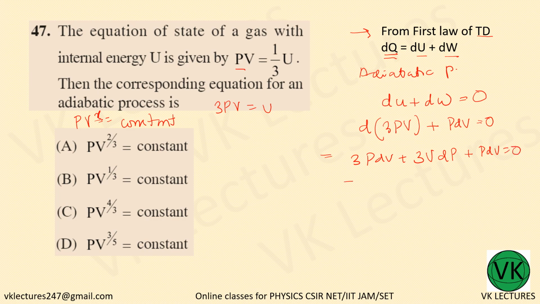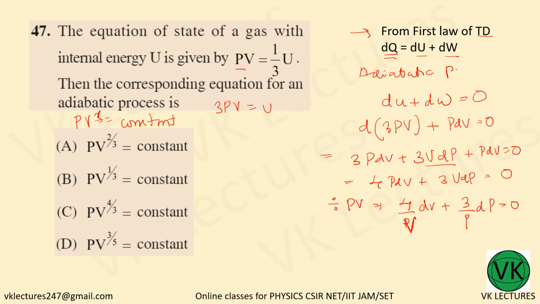So that's 4 times PdV plus 3 times VdP equal to 0. Now dividing by PV, you get 4/V into dV plus 3/P into dP equal to 0.